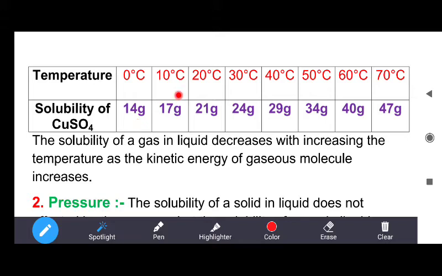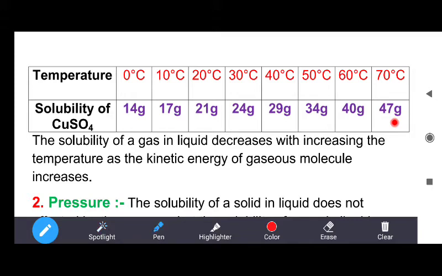And at 10 degree Celsius, the maximum amount increases up to 17 gram. At 20 degree Celsius, the solubility will be 21. At 30, the solubility will be 24 gram. At 40, 29 gram, 50 degrees Celsius, 34 gram, 60 degrees Celsius, 40 gram, 70 degrees Celsius, 47 grams.